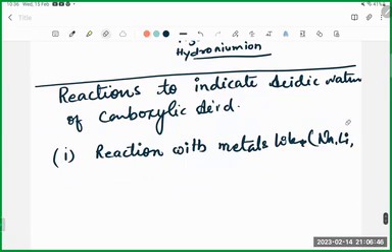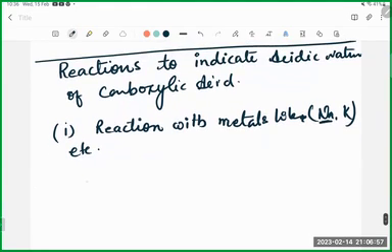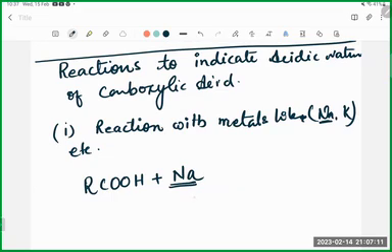Let me take sodium and potassium, that will be enough. They basically displace hydrogen from acid, that is their characteristic. So if I take RCOOH and treat it with Na, sodium is above hydrogen in the reactivity series. That's the reason Na is able to displace hydrogen from acid.